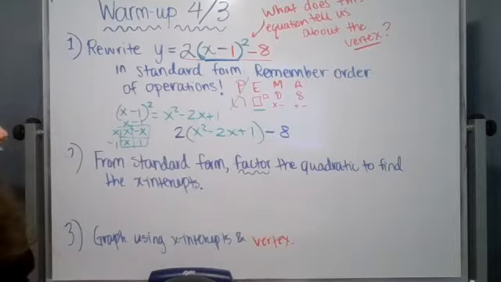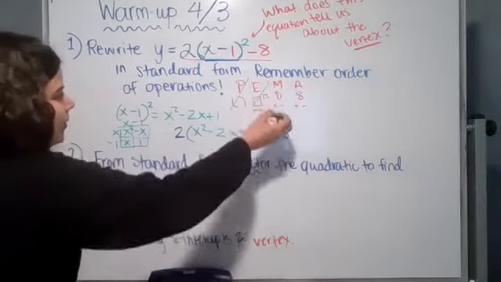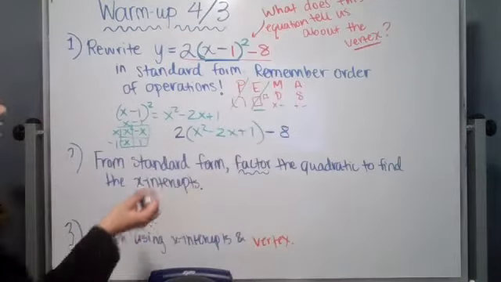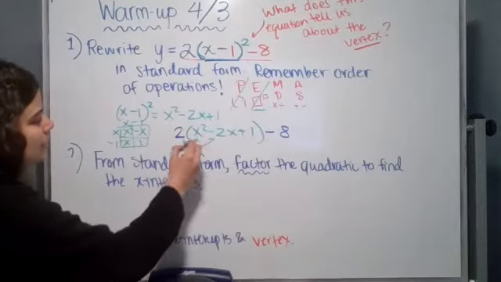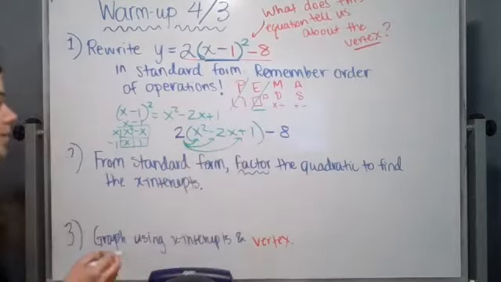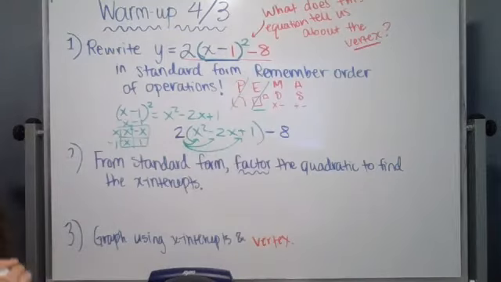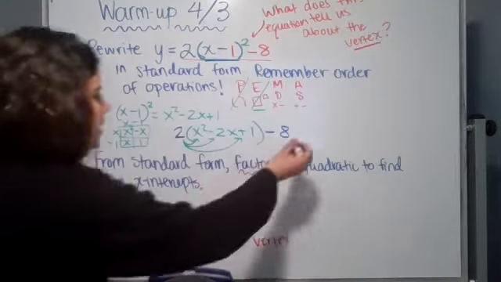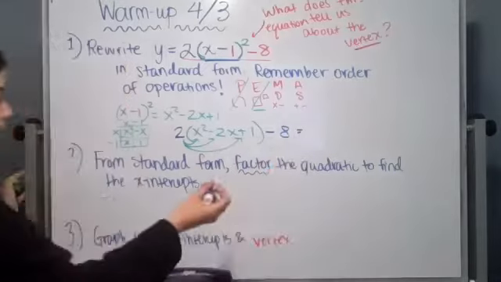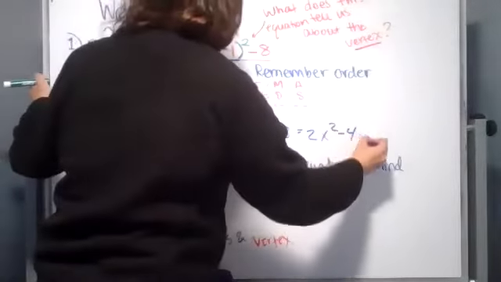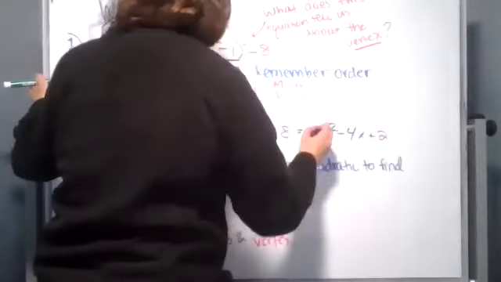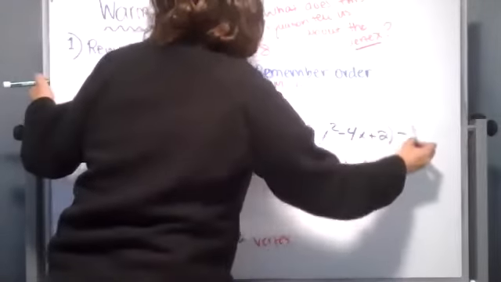So then you would move on. So now we're done with exponents. So now we can move on to multiplying and dividing. So we can go ahead and multiply this 2 to each part using our distributive property. So we're going to get 2x squared minus 4x plus 2, and then minus 8.